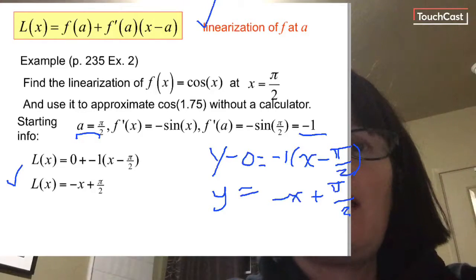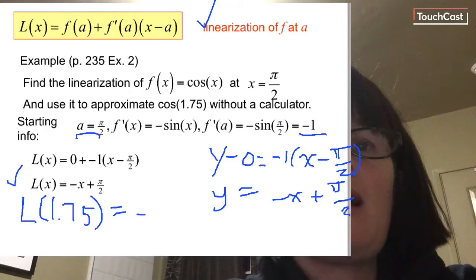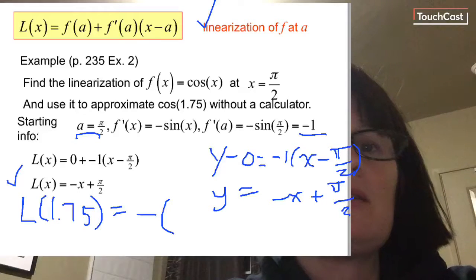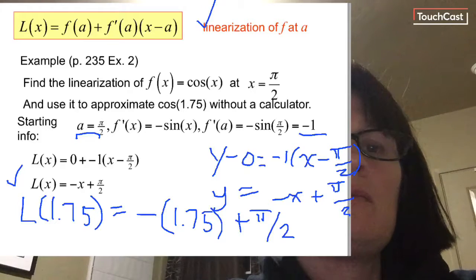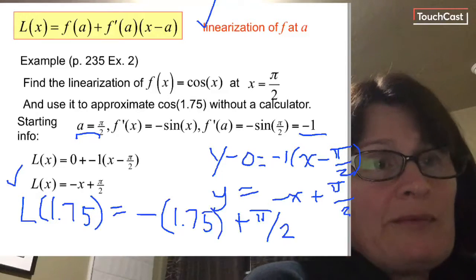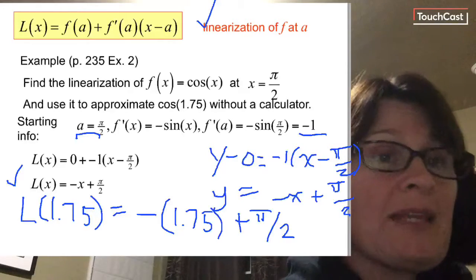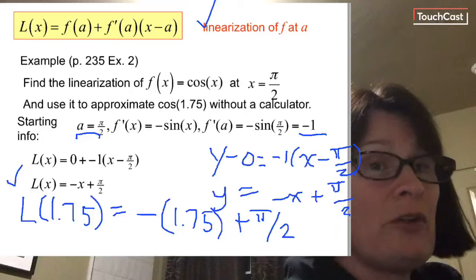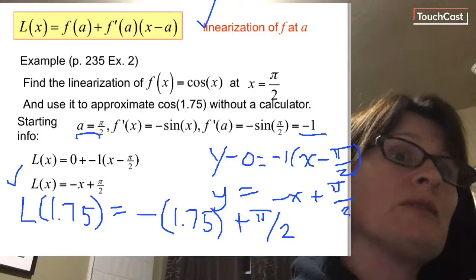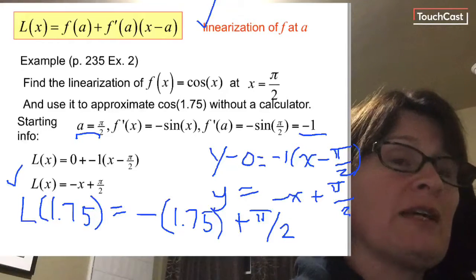I want L of 1.75. And that's equal to the opposite of x, again, 1.75, plus pi over 2. So I might have a really hard time simplifying that without my calculator, but if you put that in a calculator, you'd be shocked to find how close it is to the actual value of the cosine of 1.75.